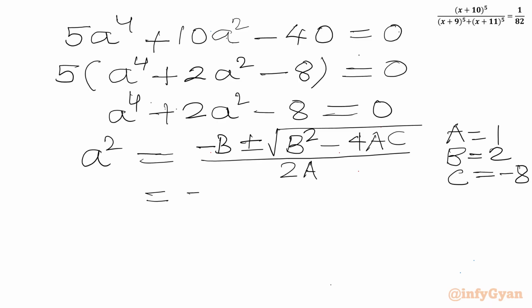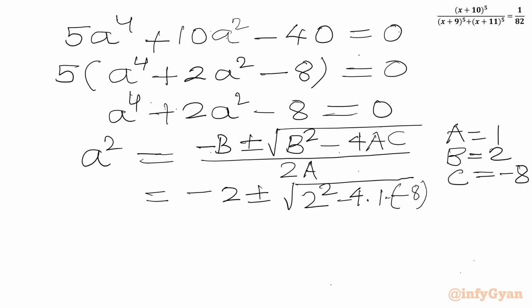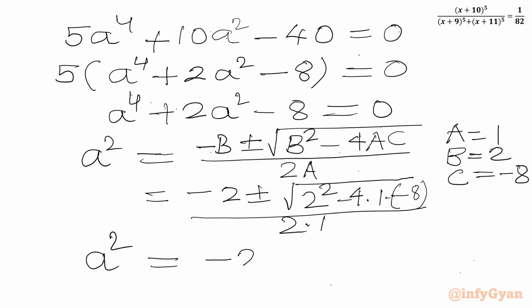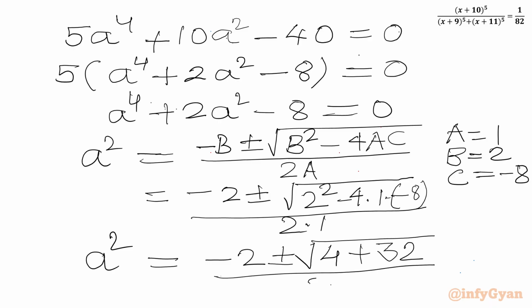We will get minus 2 plus minus square root of 2 square minus 4 times 1 times negative 8 over 2 times 1, or I can write the value of a square will be minus 2 plus minus square root of 4 plus 32 over 2. 4 plus 32 is 36.